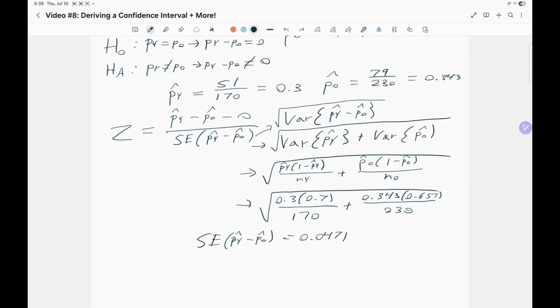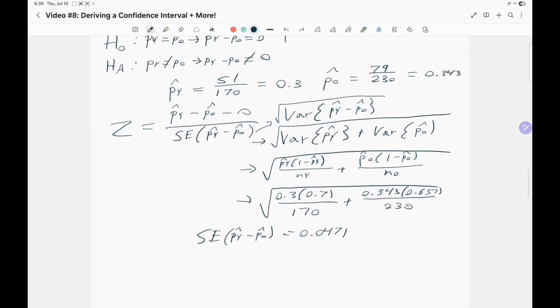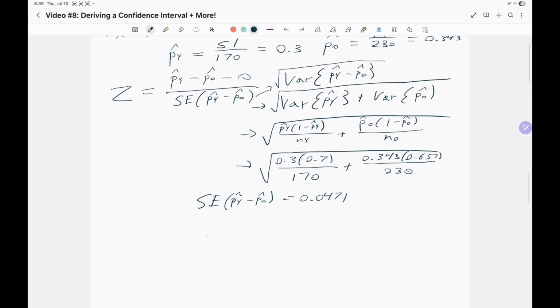So now we want to find the difference between the two sample proportions we have. So p y hat minus p o hat is going to be 0.3 minus 0.343, which I could do in my head. It's going to be negative 0.043. So there you go. Now let's find our test statistic finally, after all this hard work. I did my mental math there, right?